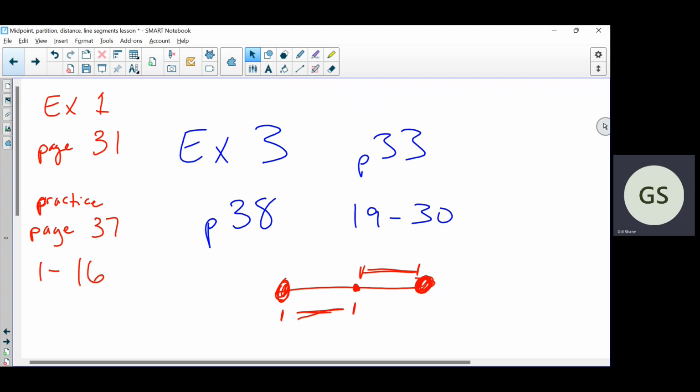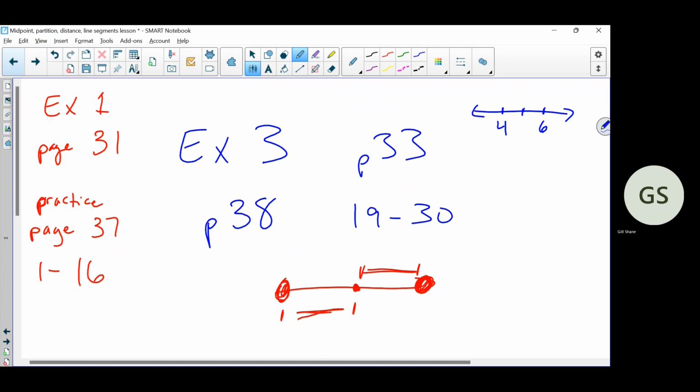Even for a basic midpoint, I'm gonna give you an easy one. What's the midpoint between 4 and 6? 5. So I add 4 and 6 together, I get 10. What did I do to get 5? 10.